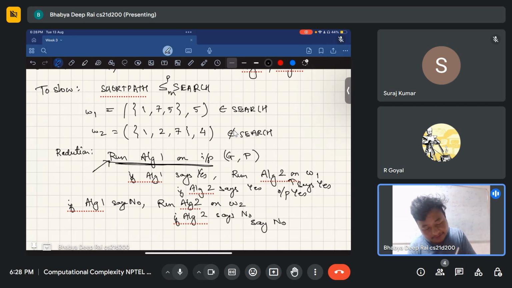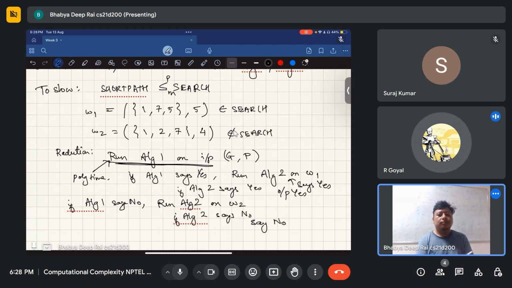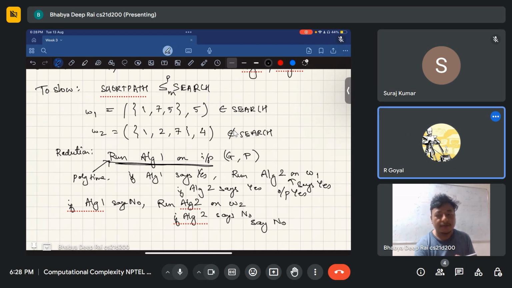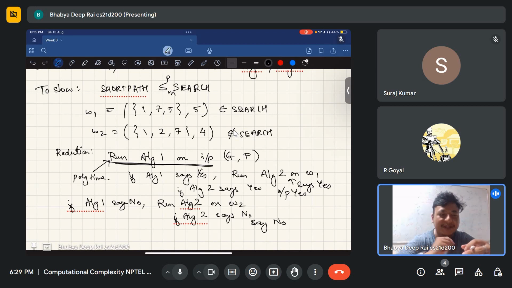This necessarily needs to be done in polynomial time. So that will not fit into NP, and we cannot say something like all NP languages reduce to each other in polynomial time.